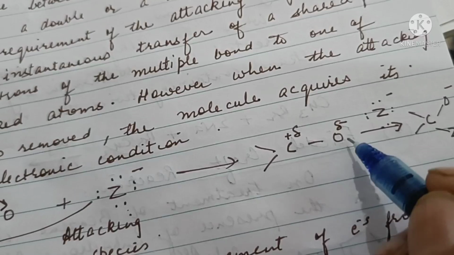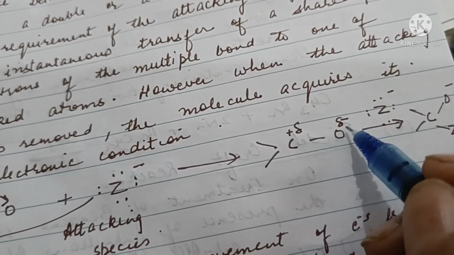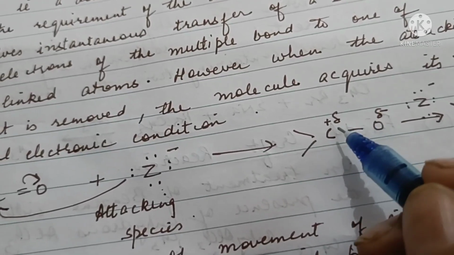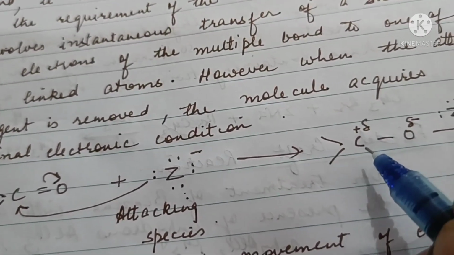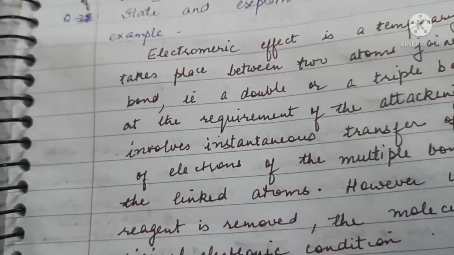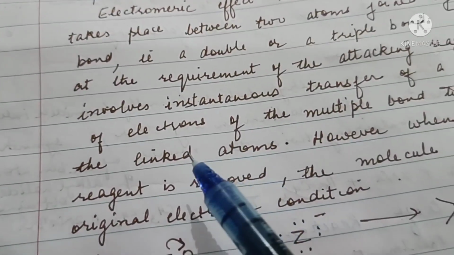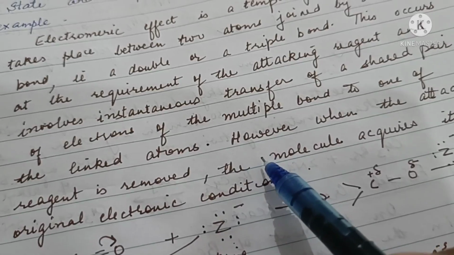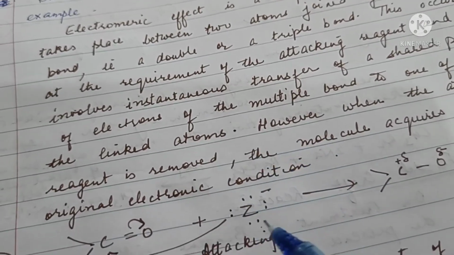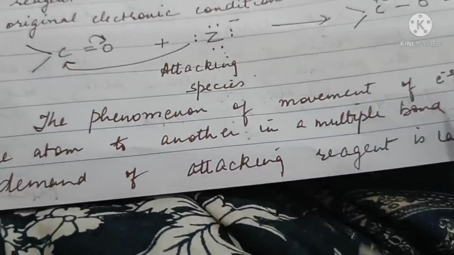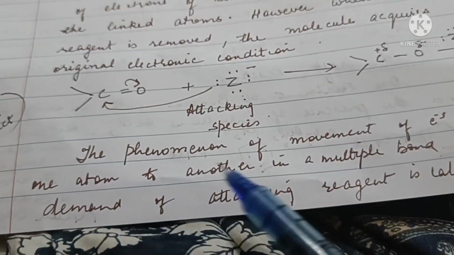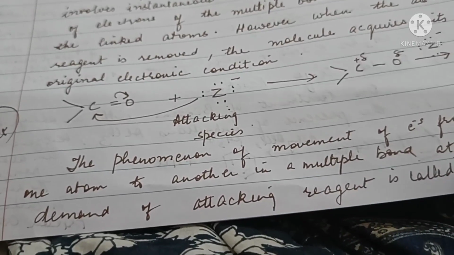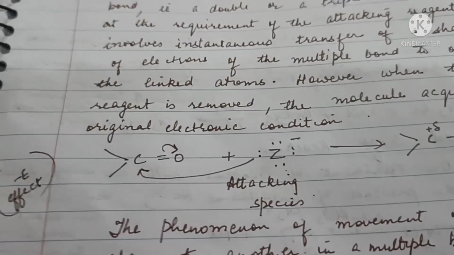The place where electrons go becomes negatively charged, and from where the electrons go becomes positively charged. So the transfer of shared pair of electrons of the multiple bond to one of the linked atoms results in electromeric effect. The phenomenon of movement of electrons from one atom to another in multiple bond on the demand of attacking reagent is called electromeric effect.